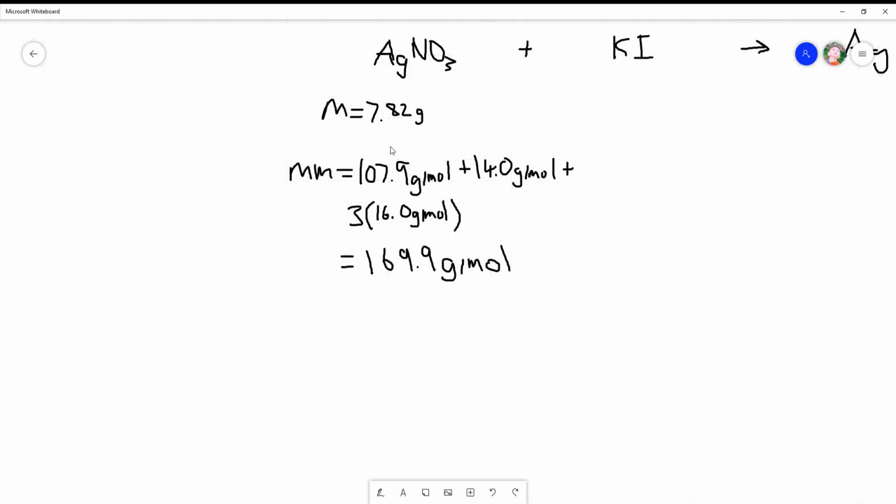And now with these two pieces of information, we can now calculate the number of moles of silver nitrate. And this can be calculated with the formula n, number of moles, equals mass over molar mass.